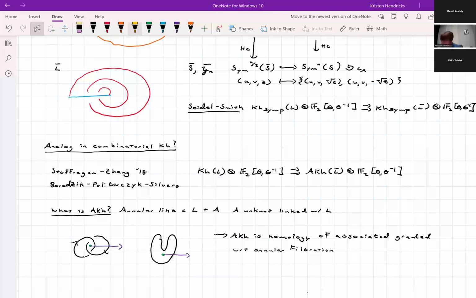So, given this picture right here with annular Khovanov homology, it's desirable to have an annular symplectic Khovanov homology. And indeed, we have two of them at the moment. So in 2019, Chuck Mak and Ivan Smith defined some annular symplectic Khovanov homology based on the Hochschild homology interpretation of annular Khovanov homology.